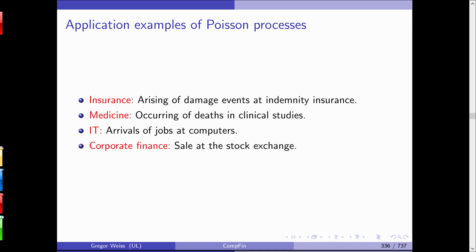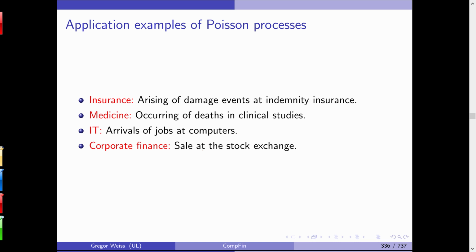Now, where can we use these Poisson processes? They are actually quite common in insurance mathematics and in actuarial science. You can model the occurrence of insurance losses. In medicine, you try to model clinical deaths. In IT, you can model the arrivals of tickets.